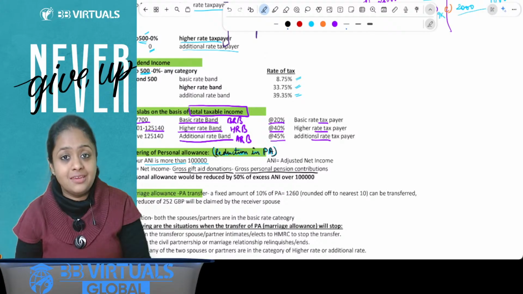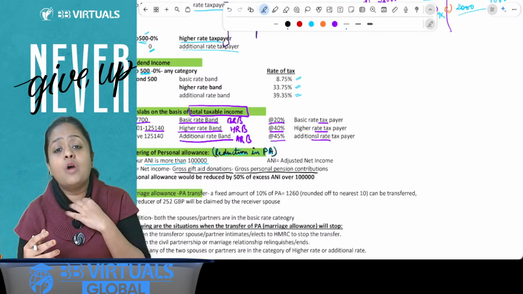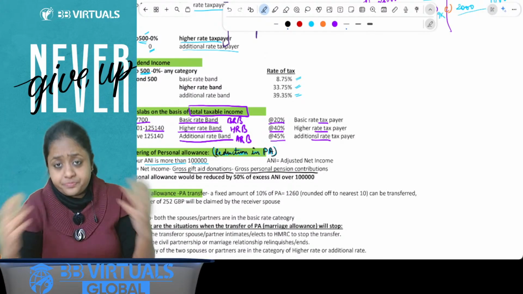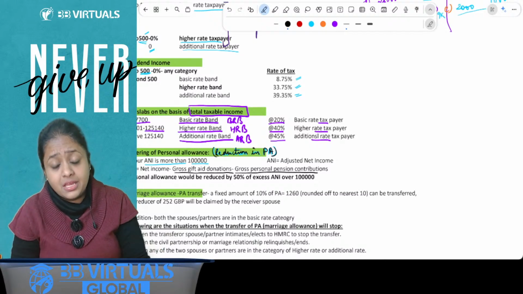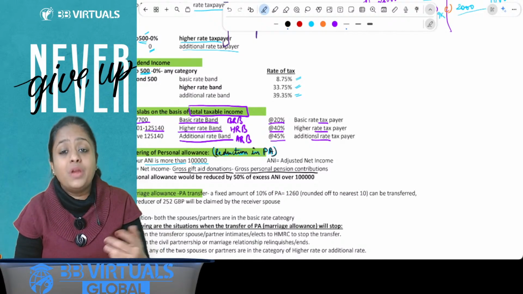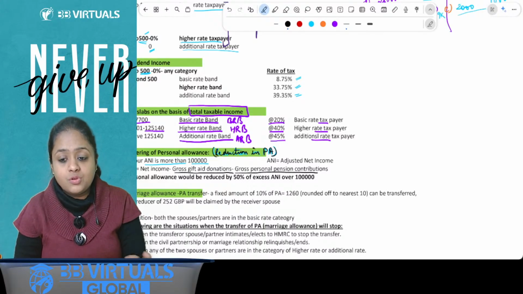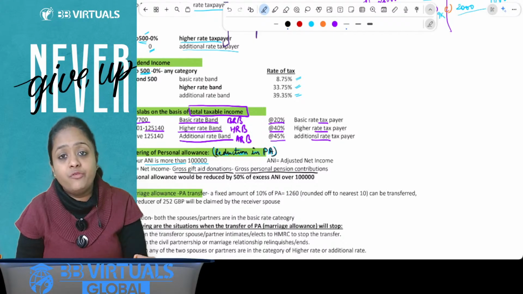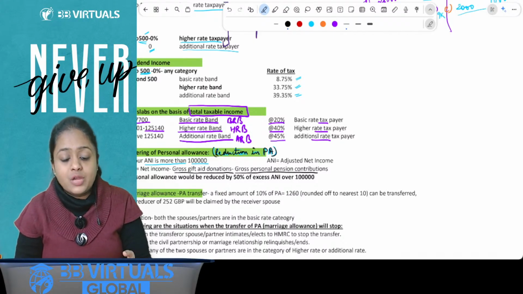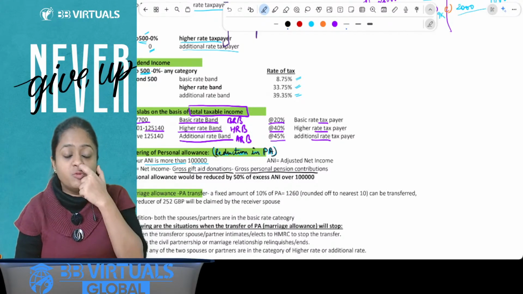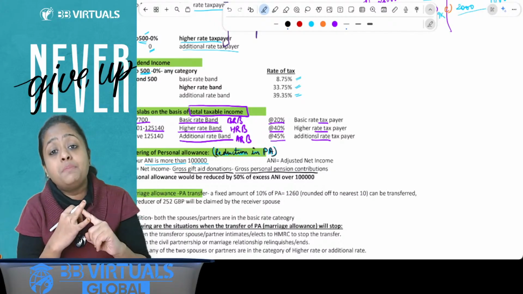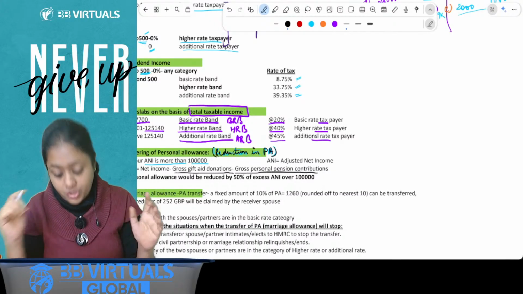So you're not selling here, right? You're just donating out of your love, out of your affection. So that is a gift that you are doing to aid that charity, to aid that project, to aid that NGO. For that purpose, we call it a gift aid donation. Got it? So I think we are very clear with these two terms: what is a gift aid donation and what is a PPC, personal pension contribution.